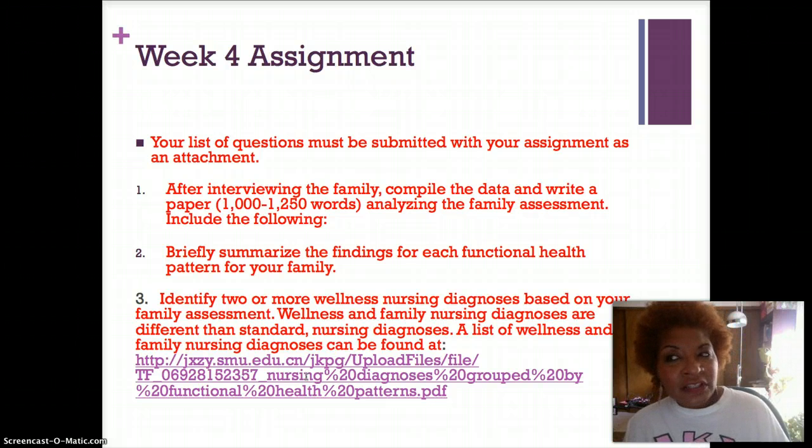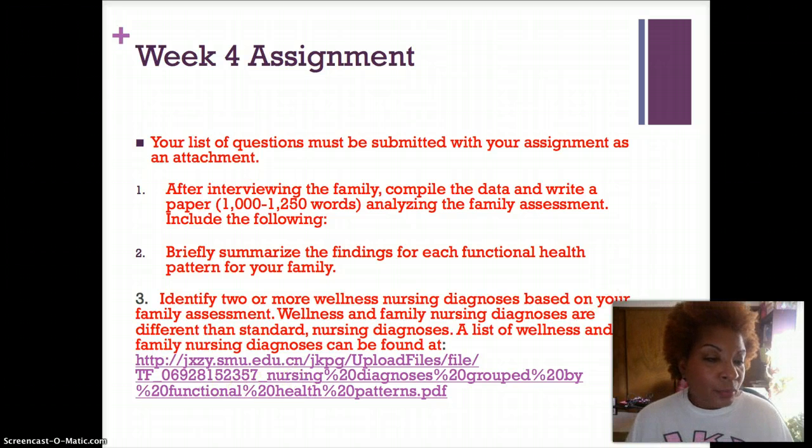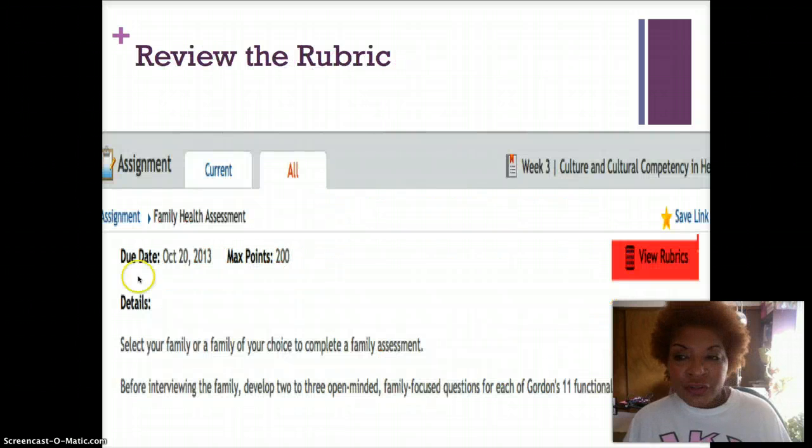I think your book does give you a lot of resources too. It's very helpful in developing the health related nursing diagnoses. I also want to point out that you need to look at the rubric. Take the time to go to your assignment and review the rubric.